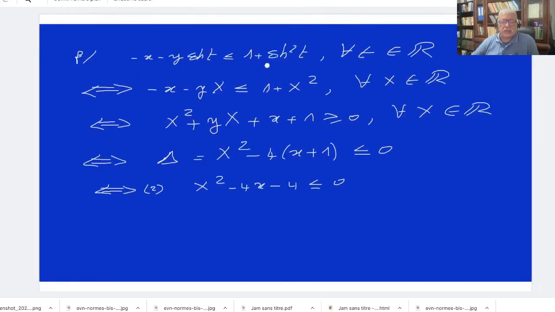If we look at the second relation, if in this second relation we also replace sinh of t by capital X, there is equivalence.